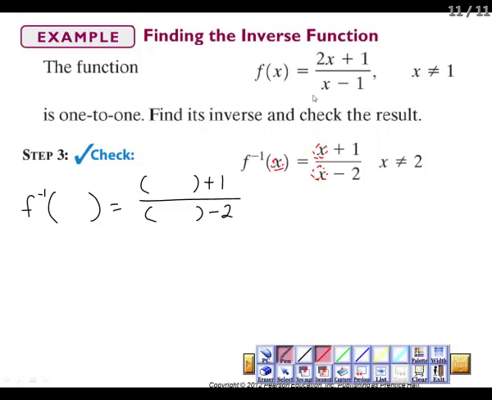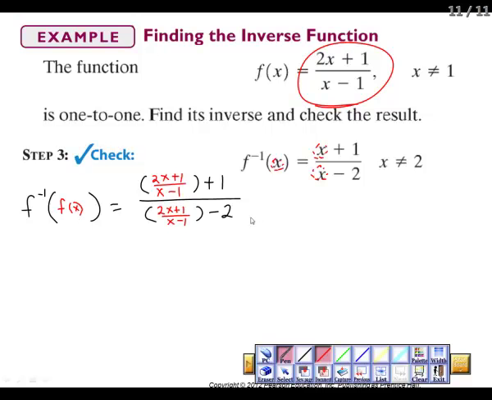And now we're going to take this 2x plus 1 over x minus 1, and we're going to put that in where the x was. So this would be 2x plus 1 over x minus 1. We're going to put 2x plus 1 over x minus 1 here, and this is just going to be f of x.